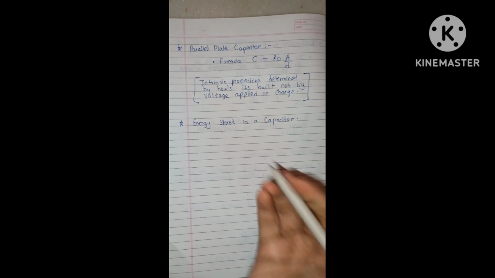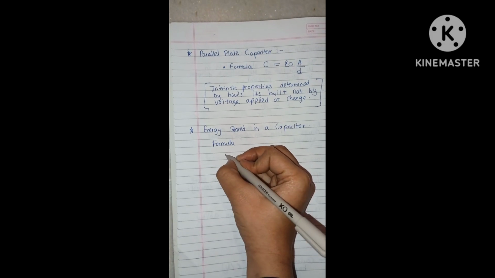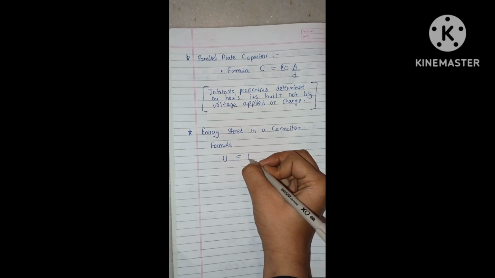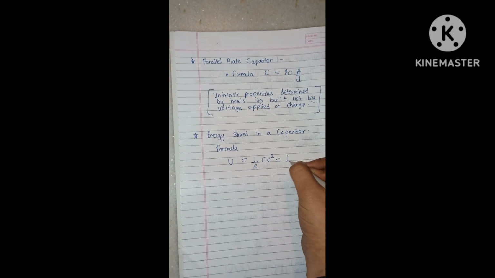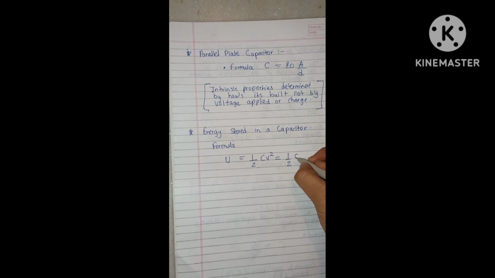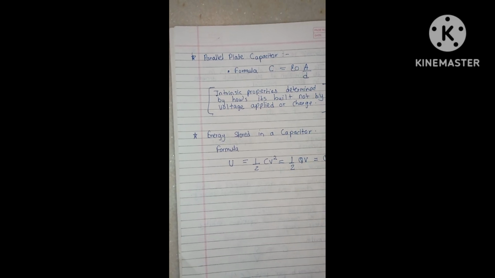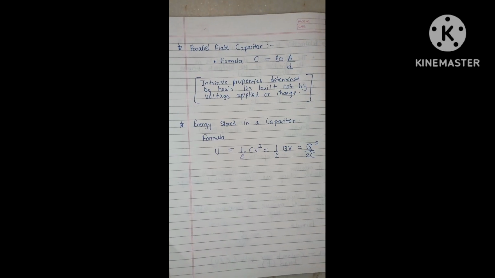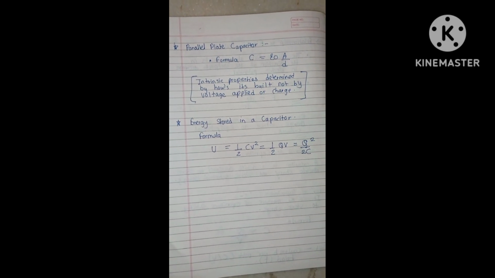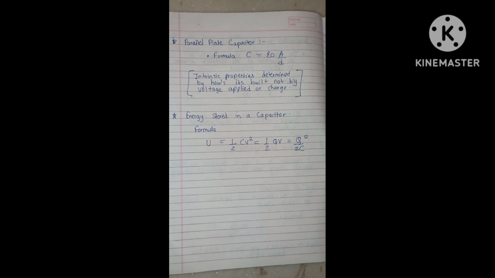Okay, for the formula, total energy is half of CV squared, equal to half of QV, equal to Q squared over 2C. And capacitors are essential for power delivery, like camera flashes and timing circuits. Okay, so this was the last topic of this lesson.